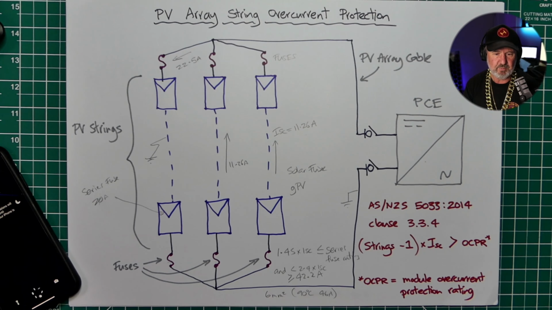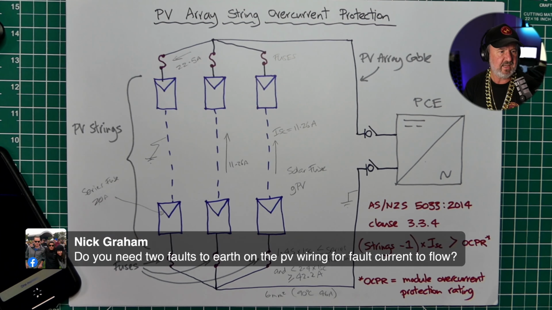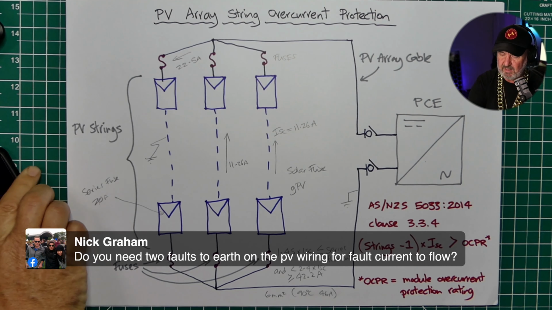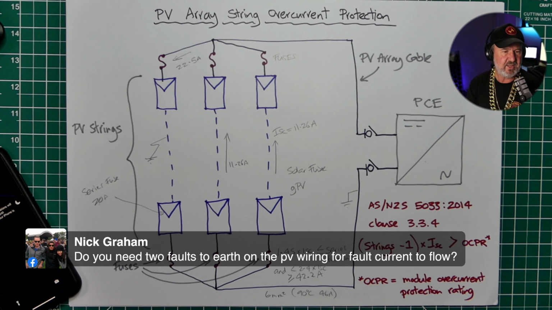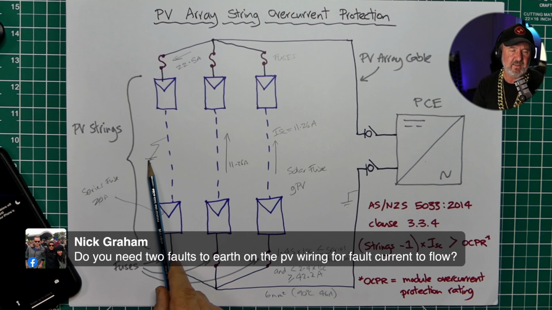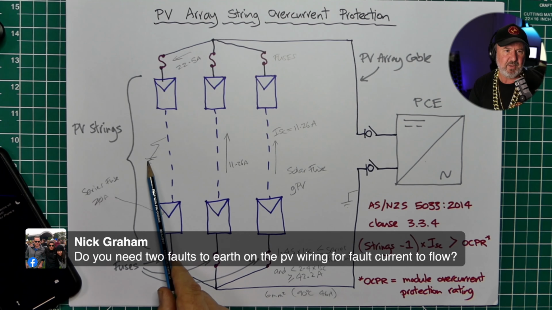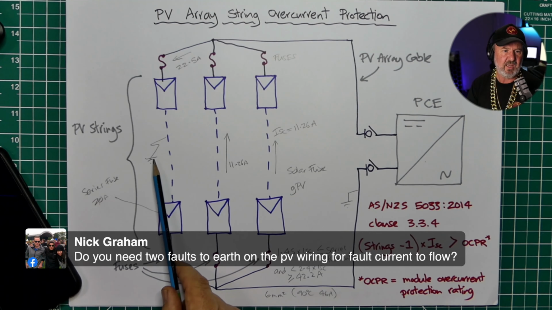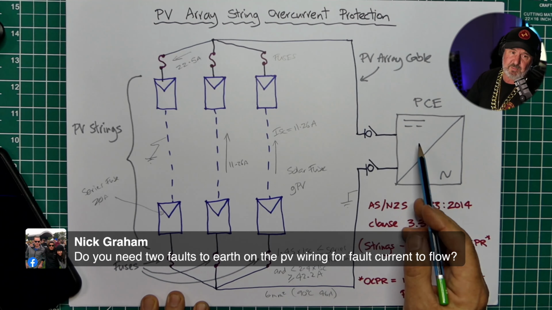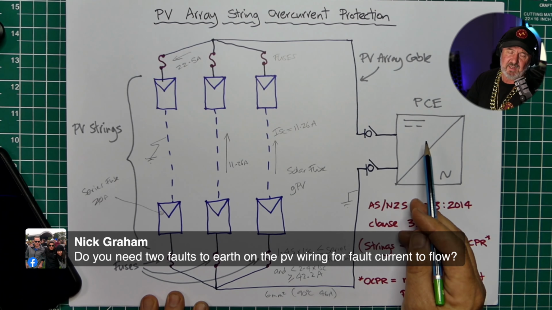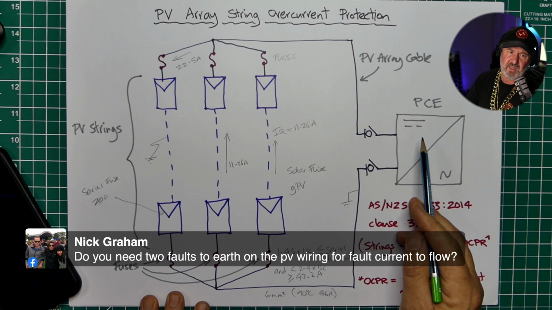So Nick, questions. Nick asks, do you need 2 faults to earth on a PV wiring for fault current to flow? Yes, you do actually. So the situation in a floating array, as I've drawn it here, is that a single fault, if I had only this fault here, I've earth referenced part of the DC system, but without the second fault, there is no current path because the inverter is transformerless, and doesn't provide a galvanic connection to earth when it's not operating.